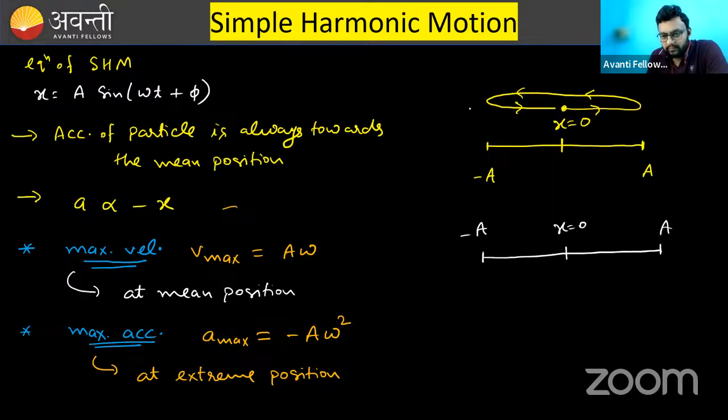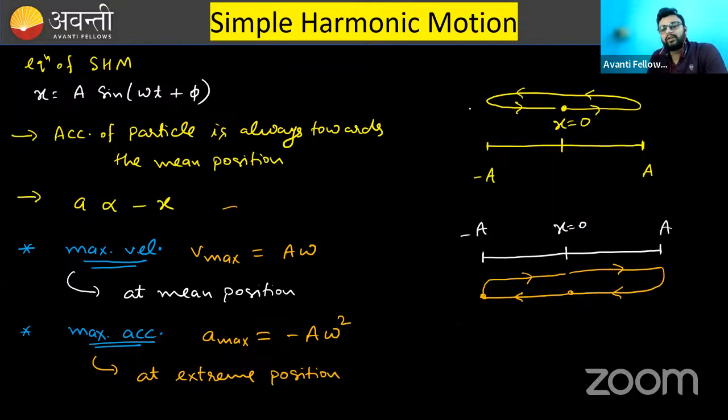And the particle is moving. Let's suppose the particle is moving from the mean position. First, it reaches A. Then it returns back and again reaches the mean position. It continues to move, reaches minus A, and returns back to the mean position.